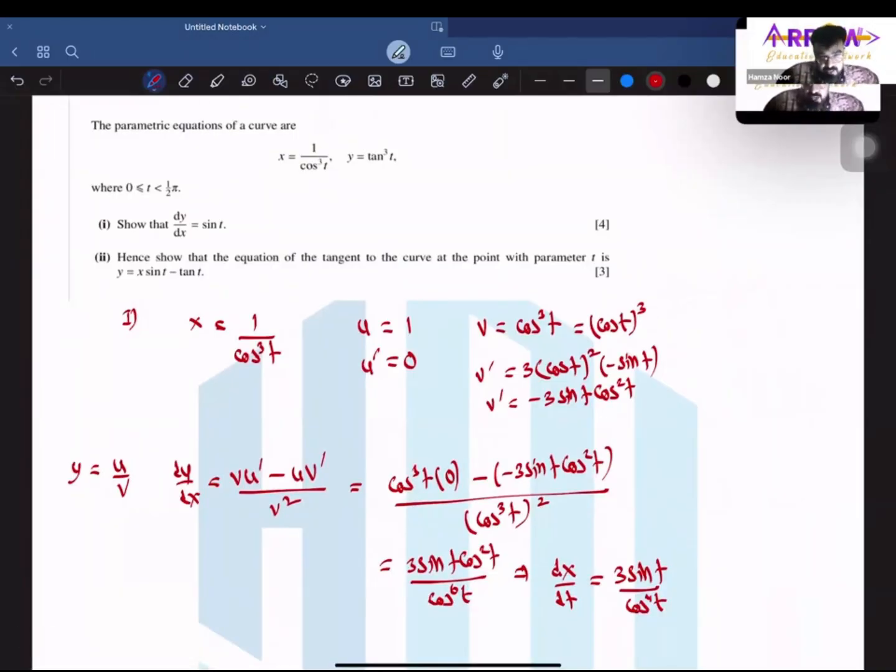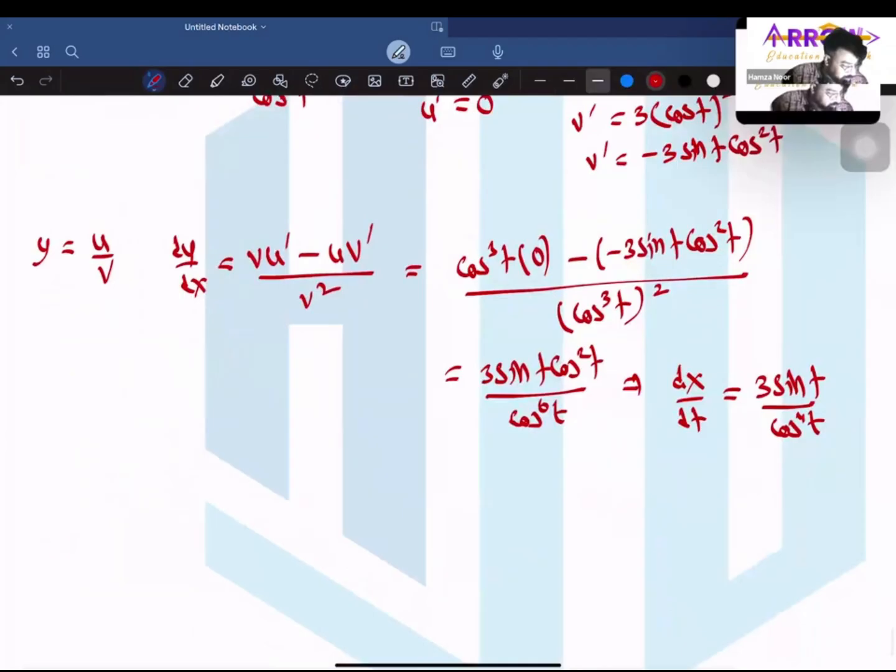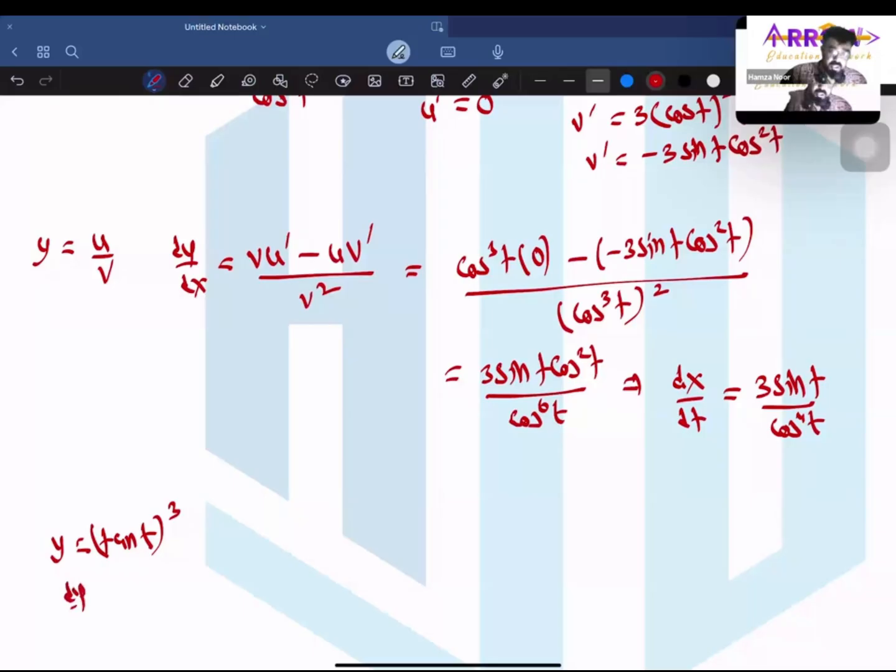Now we have y as the function of t, which is y equals tan cube t. So y equals tan cube t means tan t whole thing is raised to the power of 3. By chain rule we are going to find the dy over dt function.